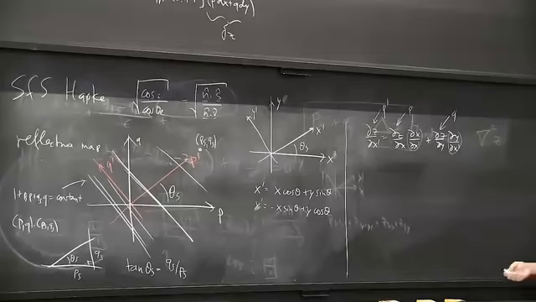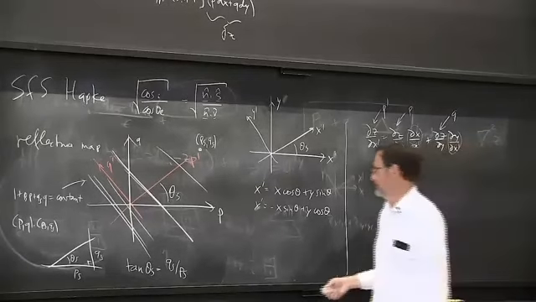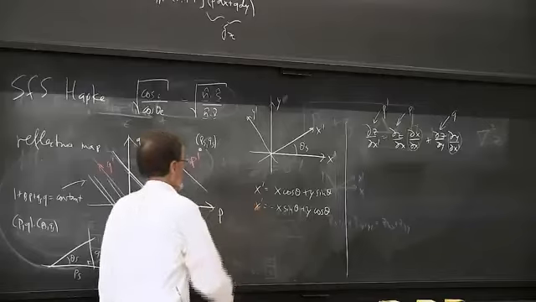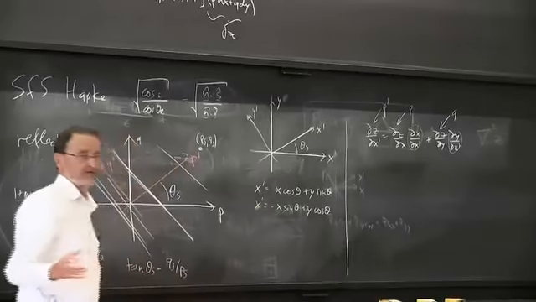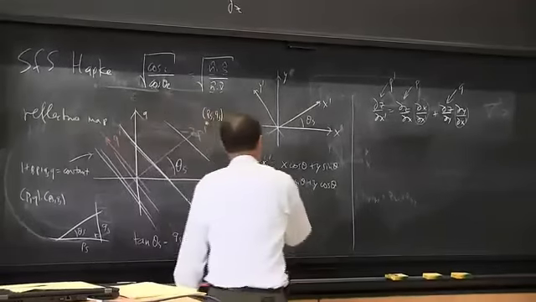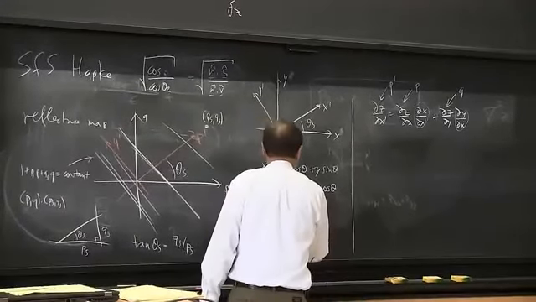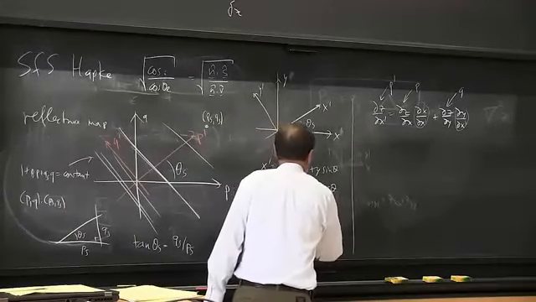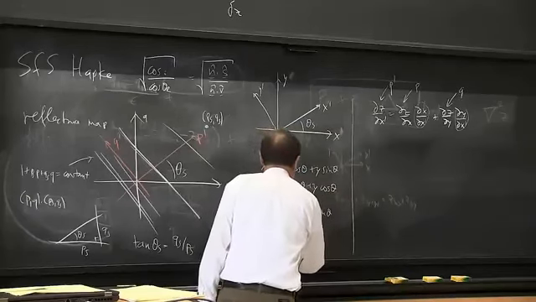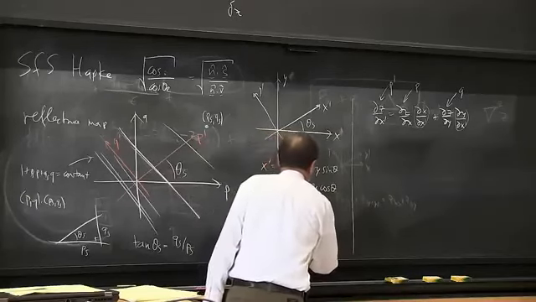Well, annoyingly, that's going the wrong way, right? So I actually need the inverse transform of this. So what's the inverse of rotating through theta? Rotating through minus theta, right? So x is x prime cos theta minus y prime sine theta, and y is x prime sine theta plus.